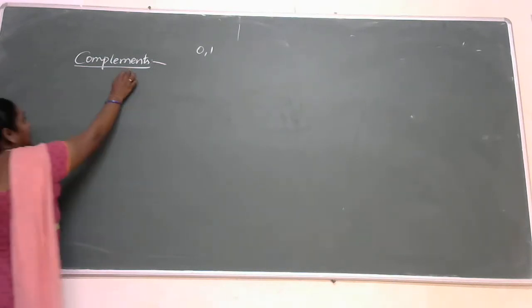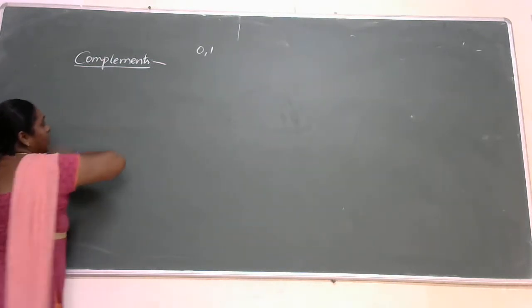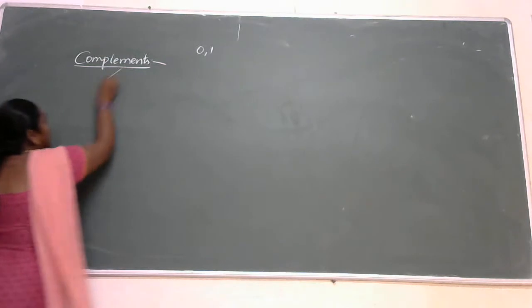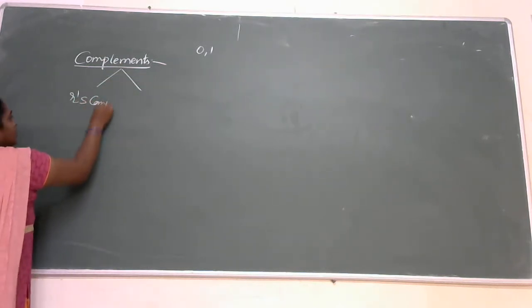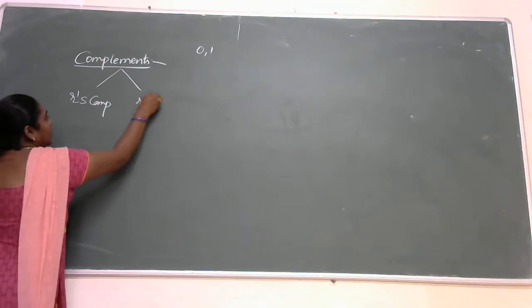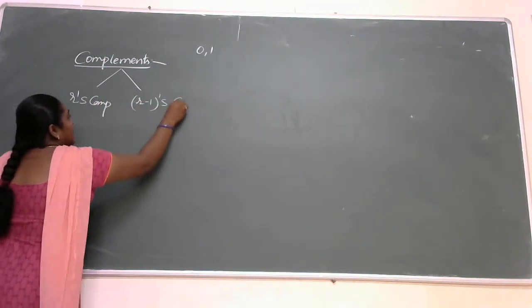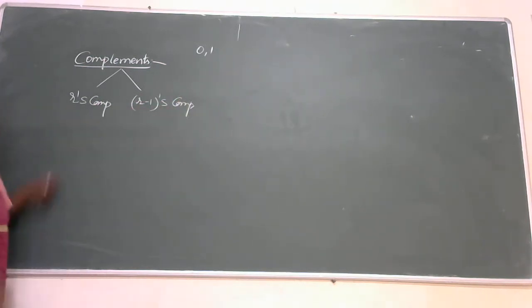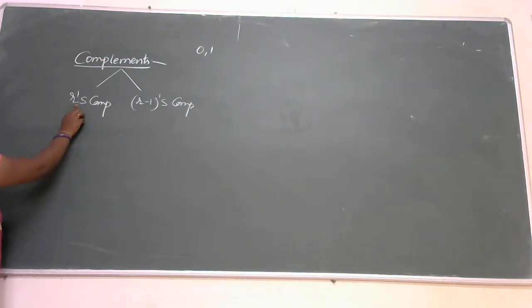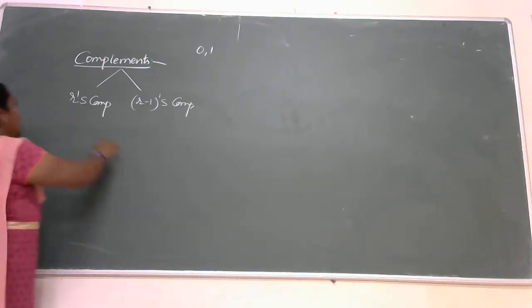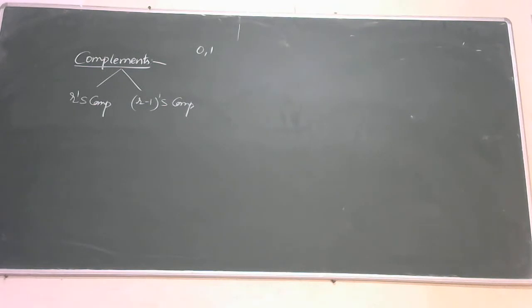Basically the complements are of two types, that is R's complement and R minus 1's complement. Here R itself indicates radix. We know that the different number systems are binary, octal, decimal and hexadecimal.